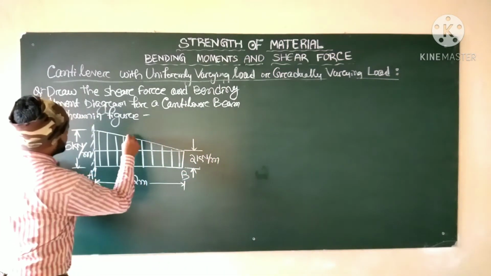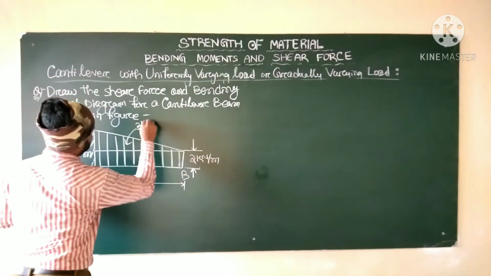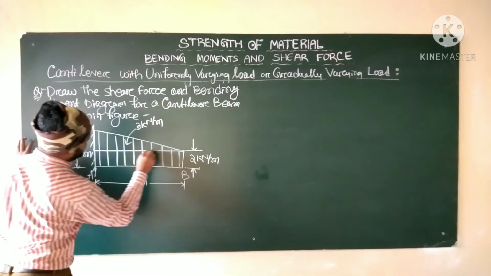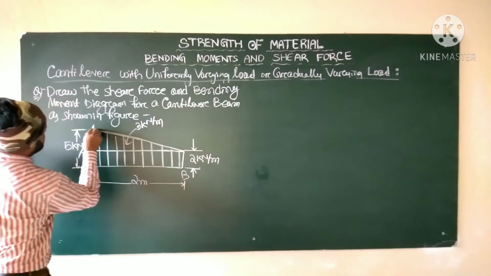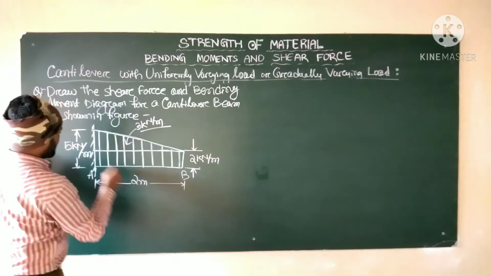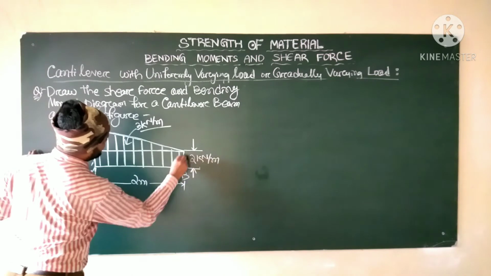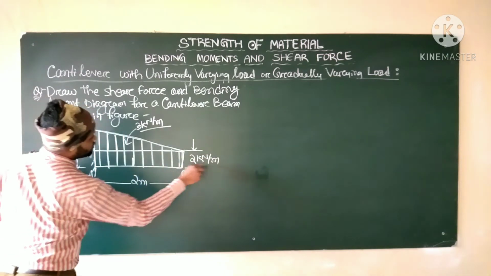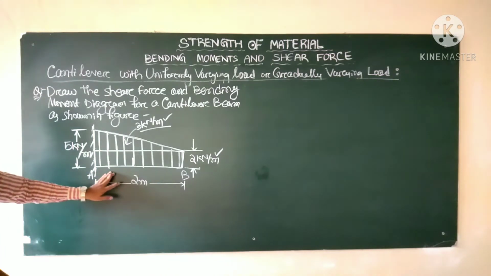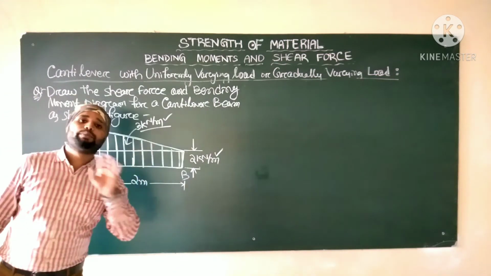So this is 3 kN per meter. Here is the UVL part, uniformly varying load. This UVL part is 3 kN per meter, but the UDL, uniformly distributed load part, is 2 kN per meter. Here two loads are on a cantilever beam.